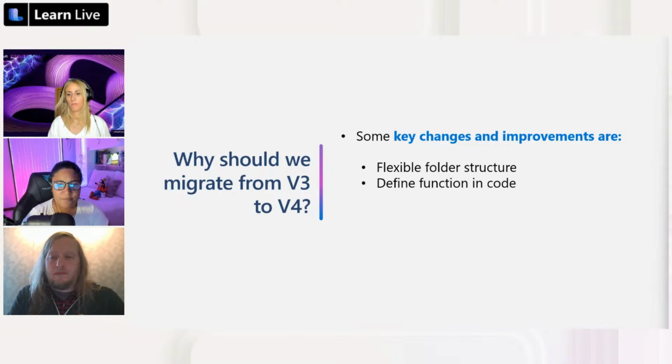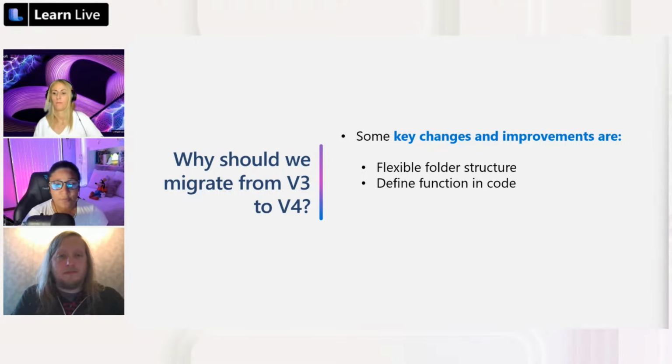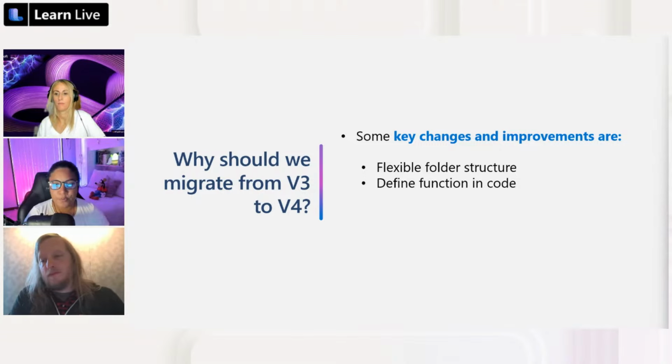Another improvement is that you can define functions in code. The v4 model uses an app object as the entry point for registering functions instead of function.json files.